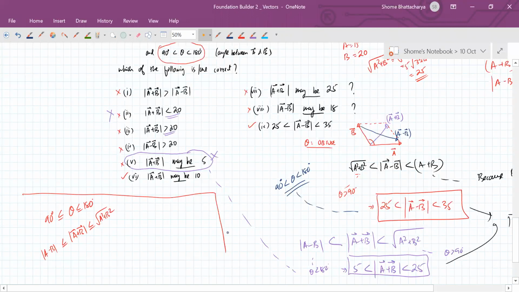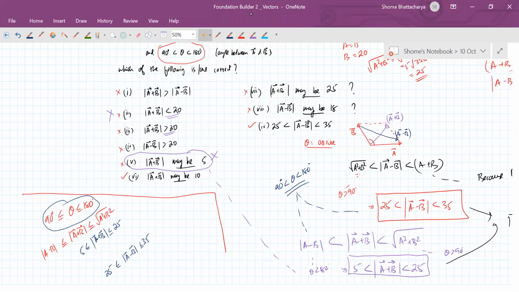So this would have become a plus b greater than or equal to 5 and less than or equal to 25, and similarly mod of a minus b would have been inclusive of 25 and inclusive of 35 for this case. Whereas here, because the case was this, it is not including 25 and 35, and not including 25 and 5. So this is a very critical point over here.